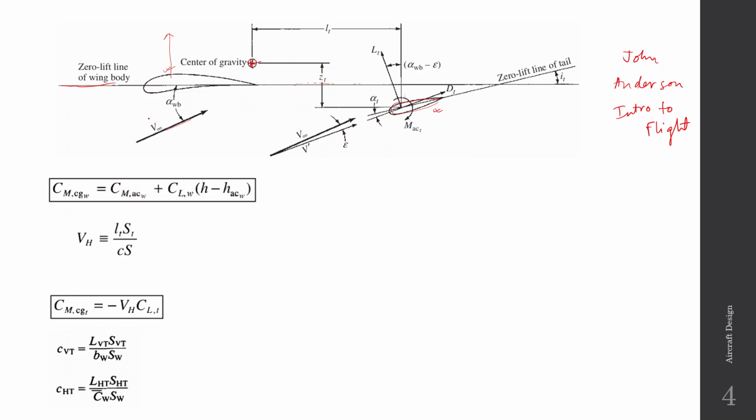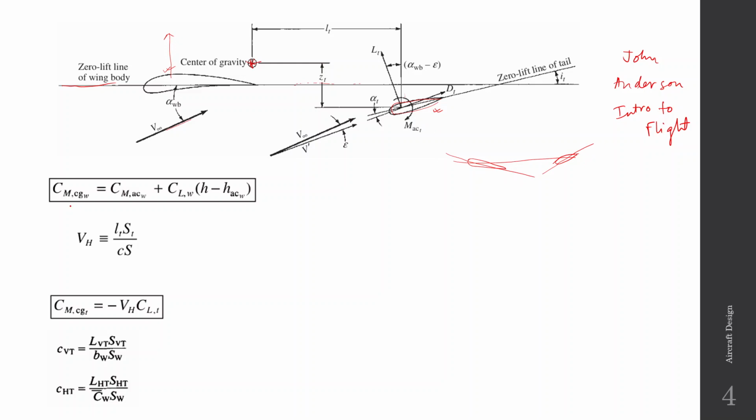So they are not placed along the zero lift line. Usually we have something like this: the wing is placed at a positive setting angle and the tail is placed at a negative setting angle, like this. Okay, so I'll explain why this is the case.